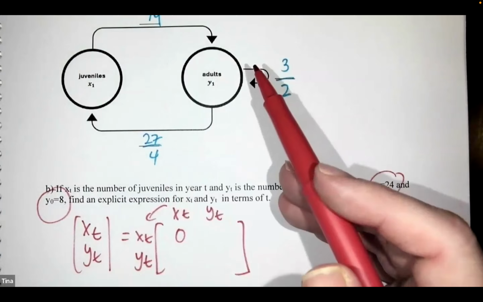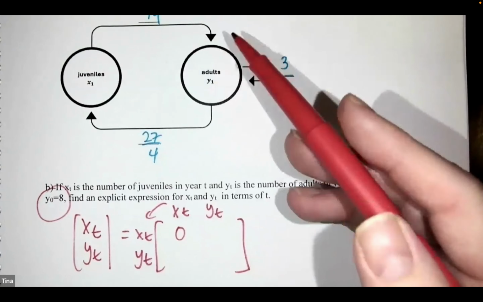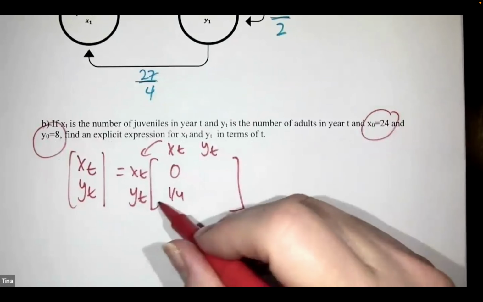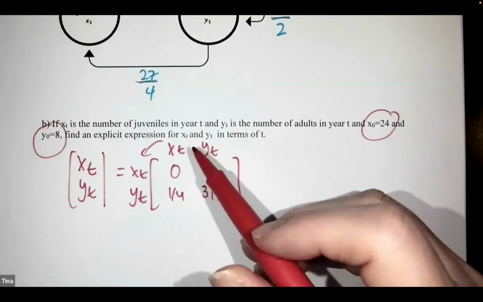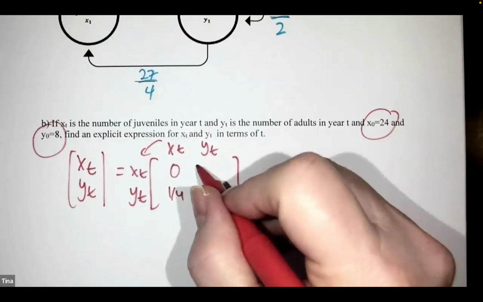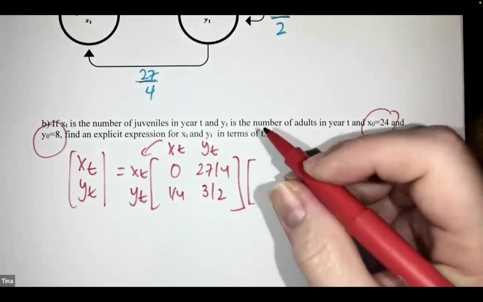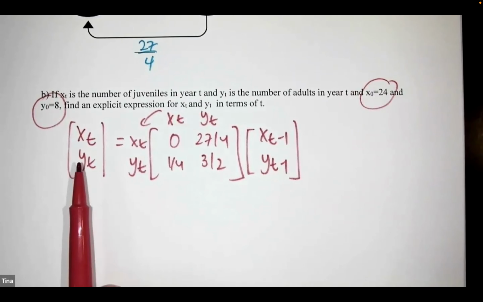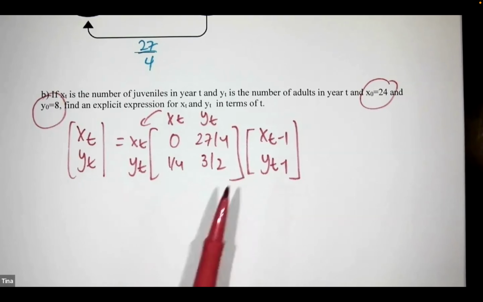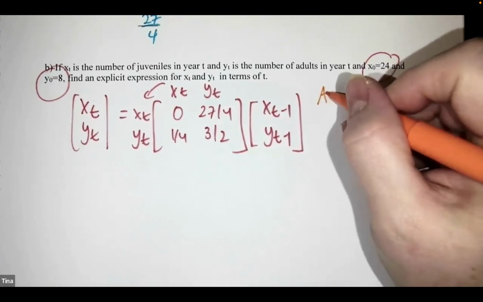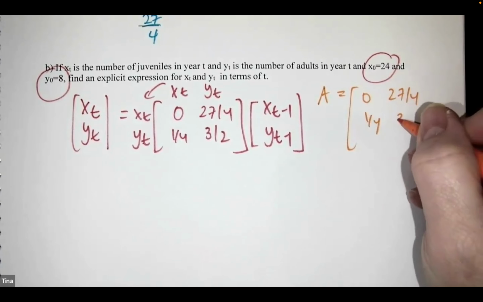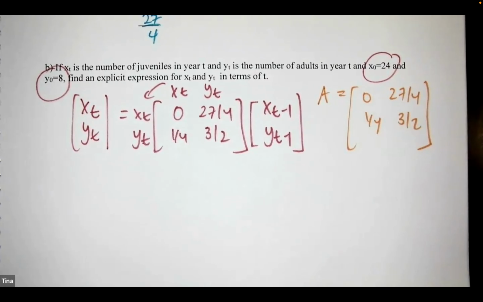Juvenile to adults is 1/4, so that's x to y. Adult to adult is 3/2, and y to x is 27/4. And again, you can do t minus 1s, or you can do t plus 1s and t's. It doesn't matter, right? So my A matrix is 0, 27/4, 1/4, and 3/2.